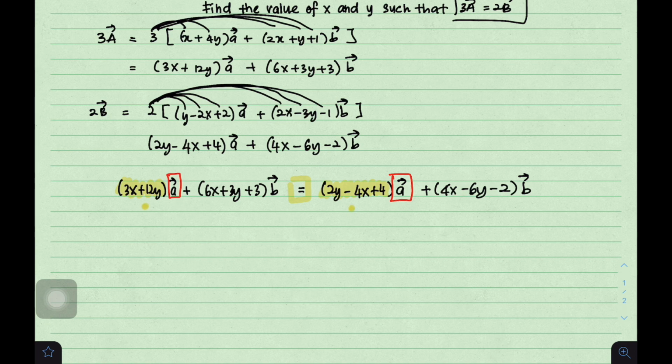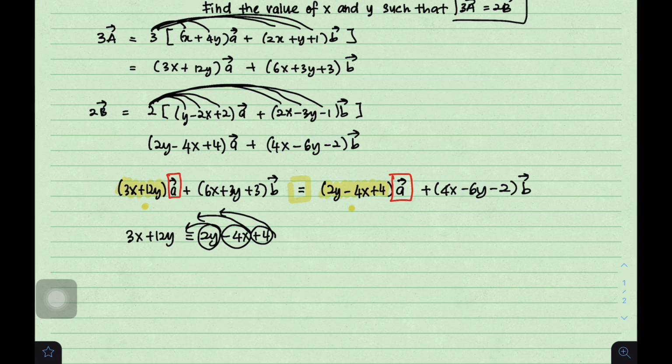So apa yang awak akan dapat adalah 3x tambah 12y sama dengan, okay, kita compare coefficient of vector A ataupun skala vector A ni, dengan skala vector A yang ini. Sebab dia kata ini adalah equal. Okay, so nilai ni mesti sama dengan nilai ni. So apa yang kita akan buat adalah kita hanya akan ambil the skala. So we have 3x plus 12y, okay, equal to 2y minus 4x plus 4. Okay, so daripada sini awak boleh pindahkan everything here to the left. This one to the left, this one as well to the left.